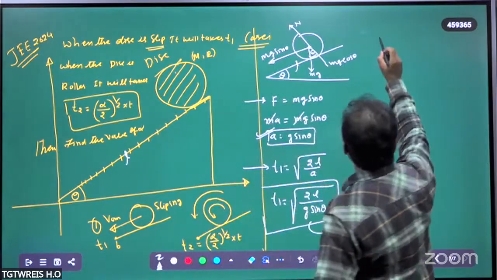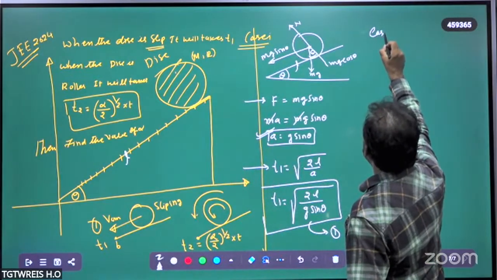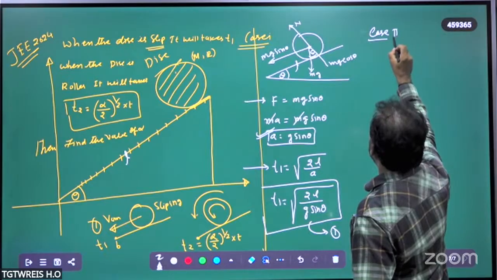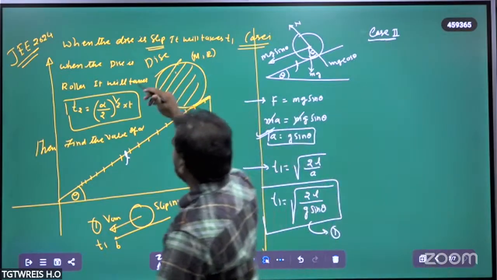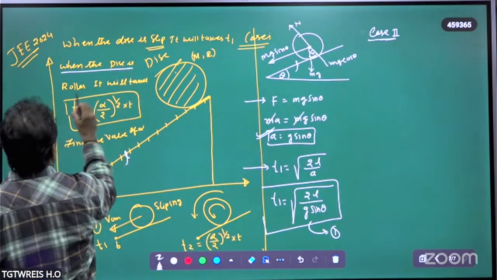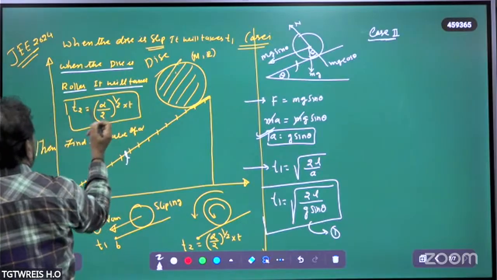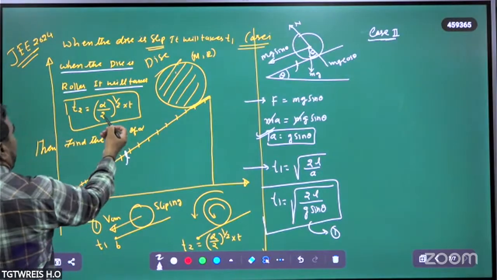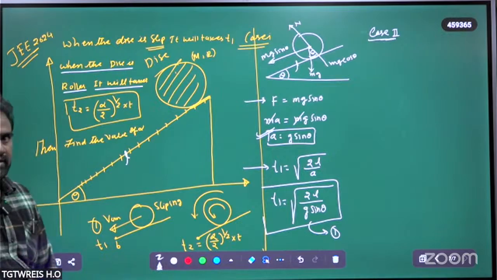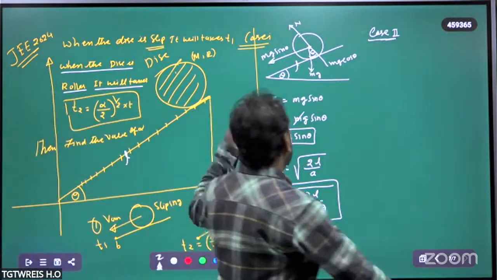Next, case 2. The disk is rolling. When the disk is rolling, it takes time t2 equal to (alpha by 2) whole power of 1 by 2 into t. In case 2 the angle is the same.